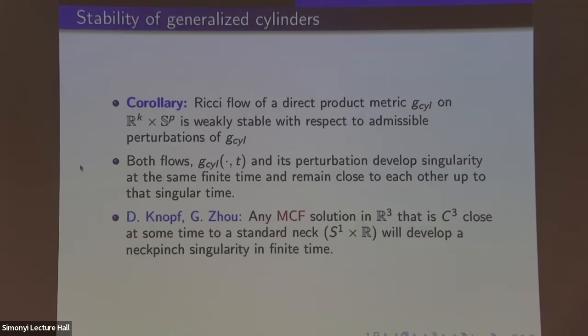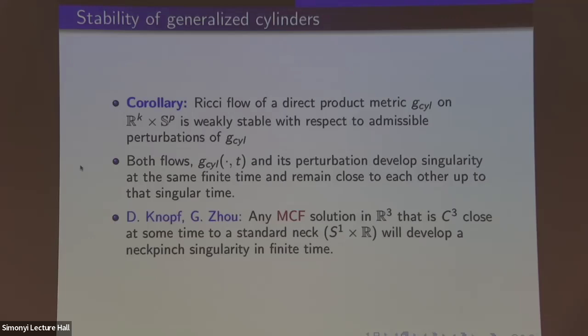First, I'm going to mention the result of Dan Knopf and Gang Zhou, and they proved the following. This is a result for surfaces in R^3. Take just a round cylinder in R^3, and consider any C^3 perturbation from your cylinder, and then you start the Ricci flow from your perturbation. They proved that for sufficiently small C^3 perturbations, the flow will develop a neck pinch singularity in finite time.